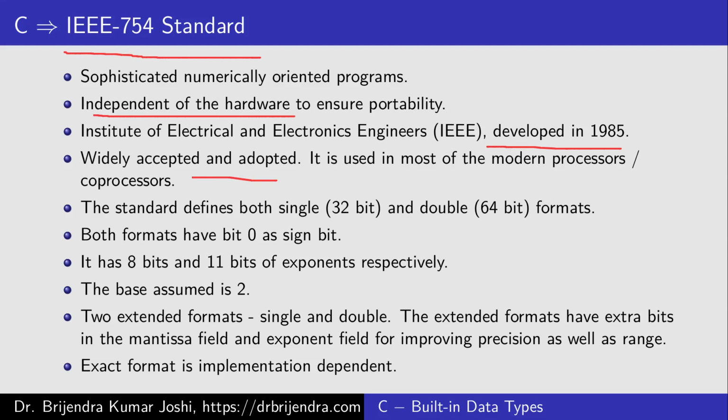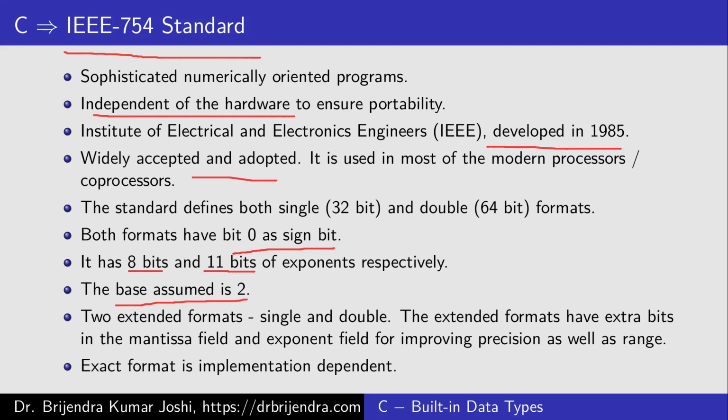This standard defines both 32-bit single precision and 64-bit double precision formats. In both formats, bit 0 is the sign bit. The 32-bit format has 8 bits of exponent, whereas the 64-bit format has 11 bits of exponent. Here also the base is assumed as 2.